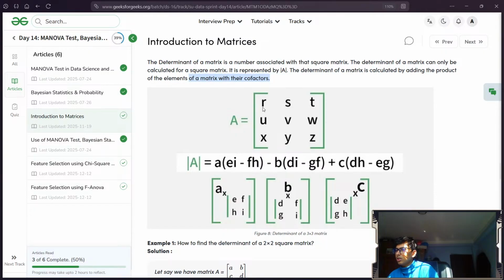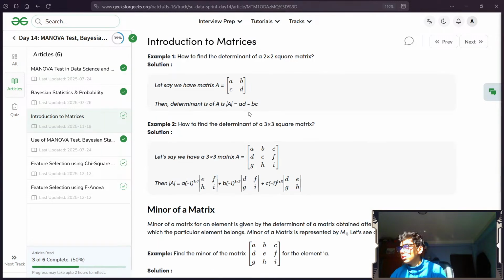If it's determinant, you just have to cut these two, multiply R with these V, W, Y, Z, plus S, cut this row, multiply them like that, and cut these.